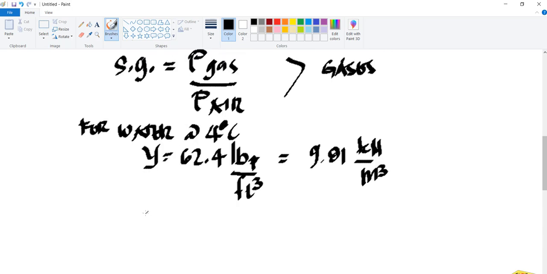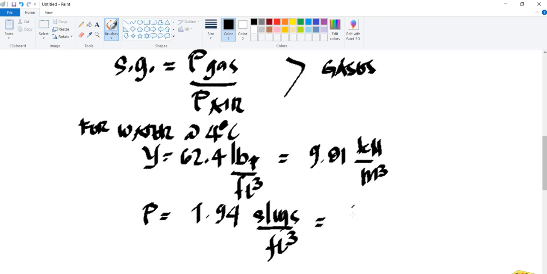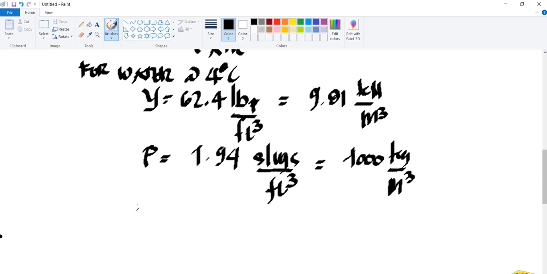The density of water will be 1.94 slugs per cubic feet, which is also equal to 1000 kilograms per cubic meter. The specific gravity of water will be equal to 1.001. Okay?